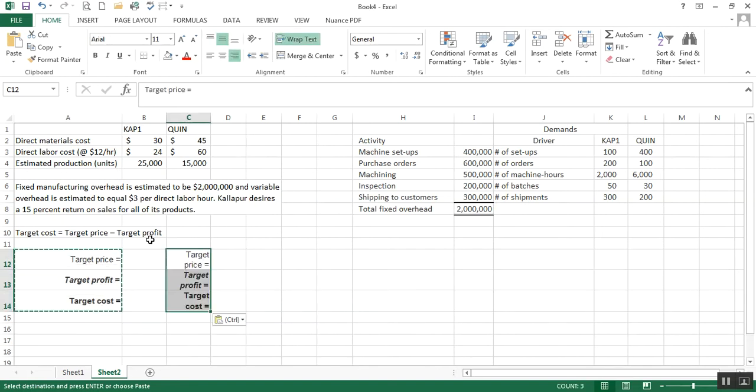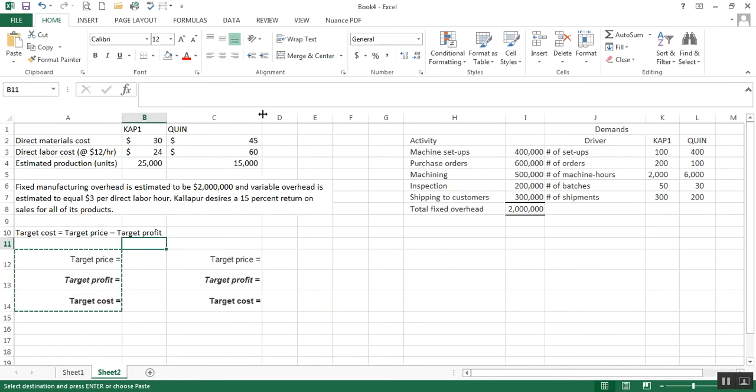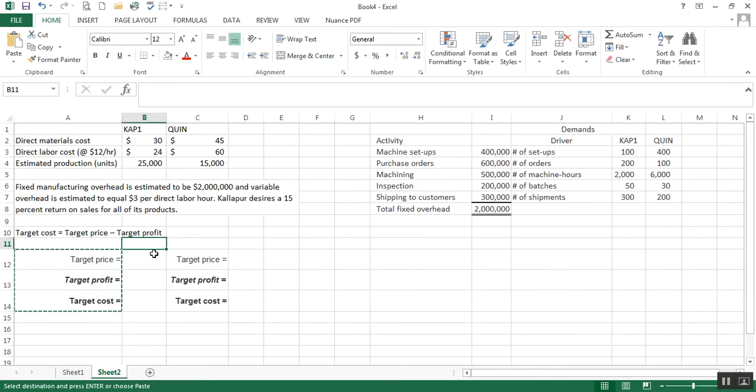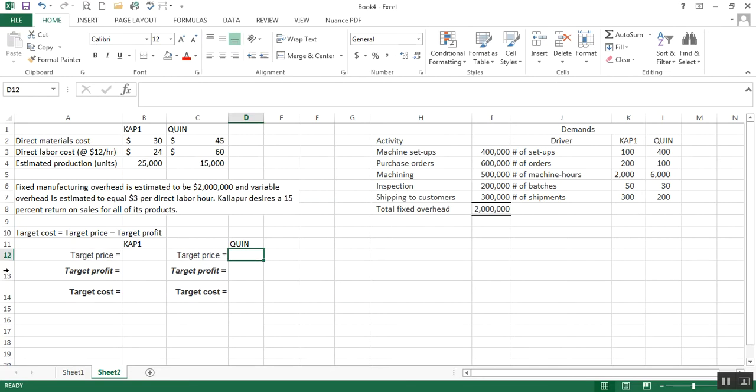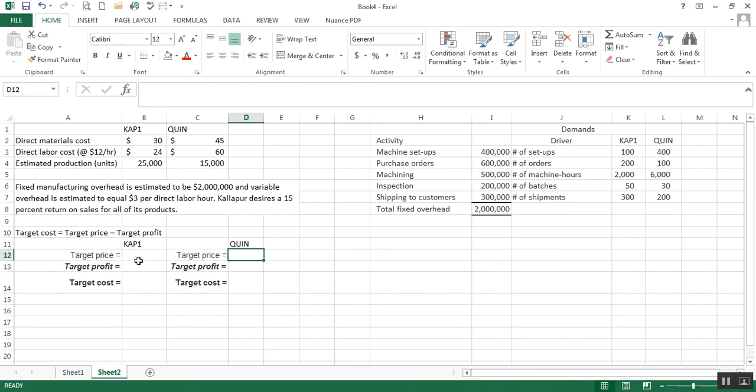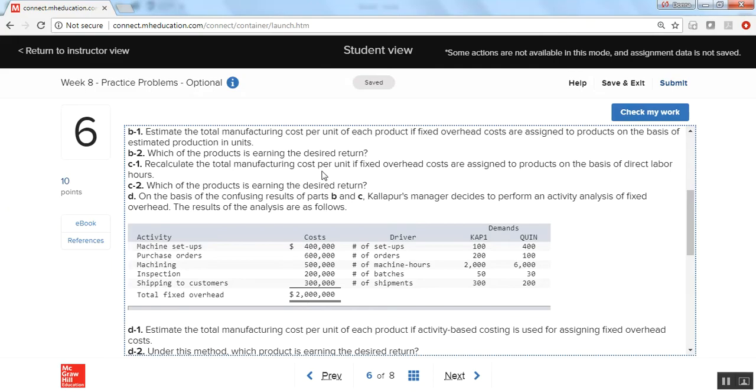So this is going to be for KAP1 or whatever the name is, and this is going to be for Quinn. I don't know where they come up with these names. So our target price for KAP1 is $120, and the target price for Quinn is $220, and that was given to us in the example.